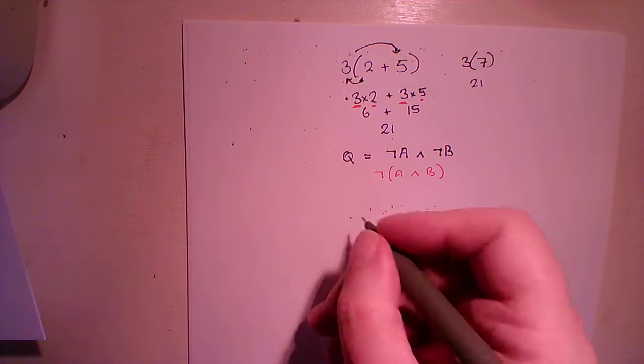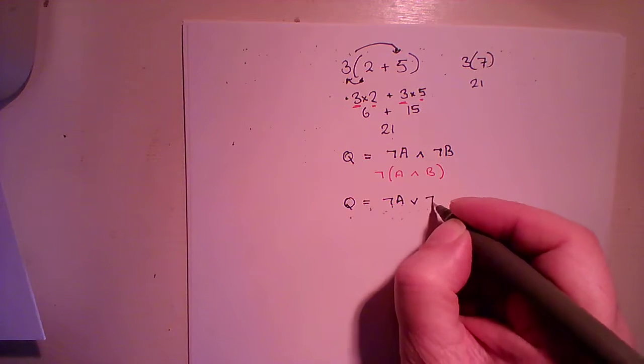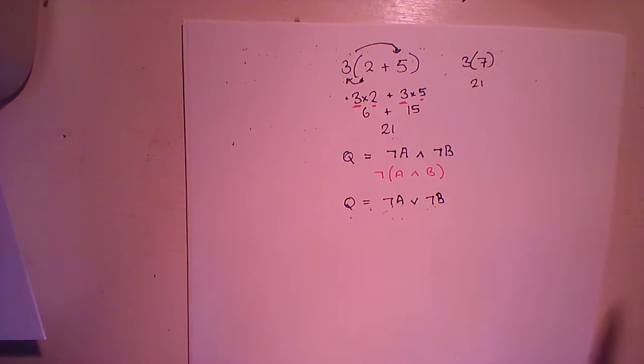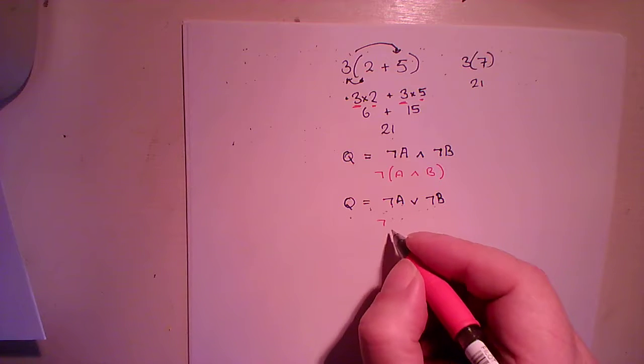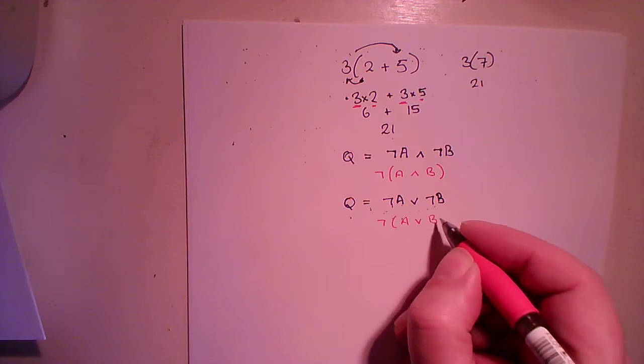The same would go for the OR statement, Q equals not A or not B. Try to factorize that by putting in brackets, and you get not (A or B).